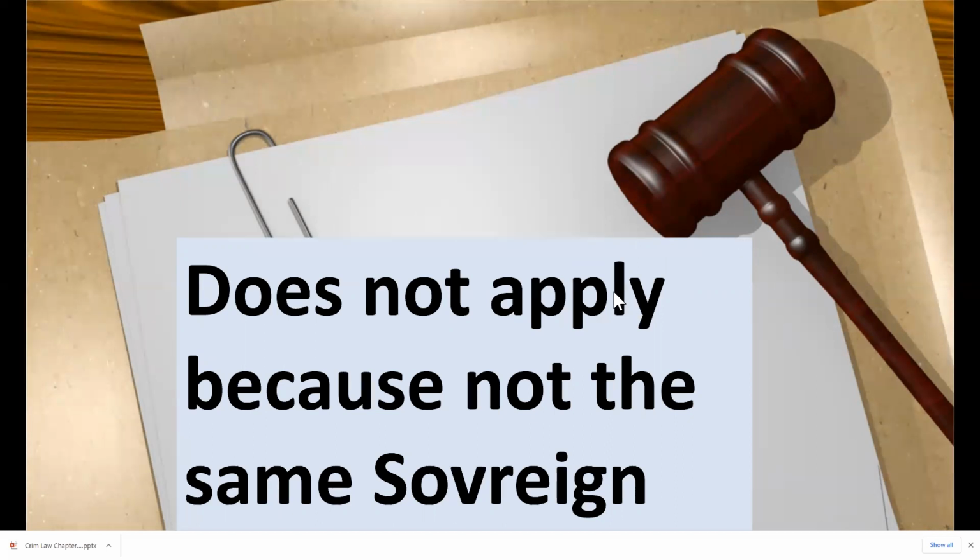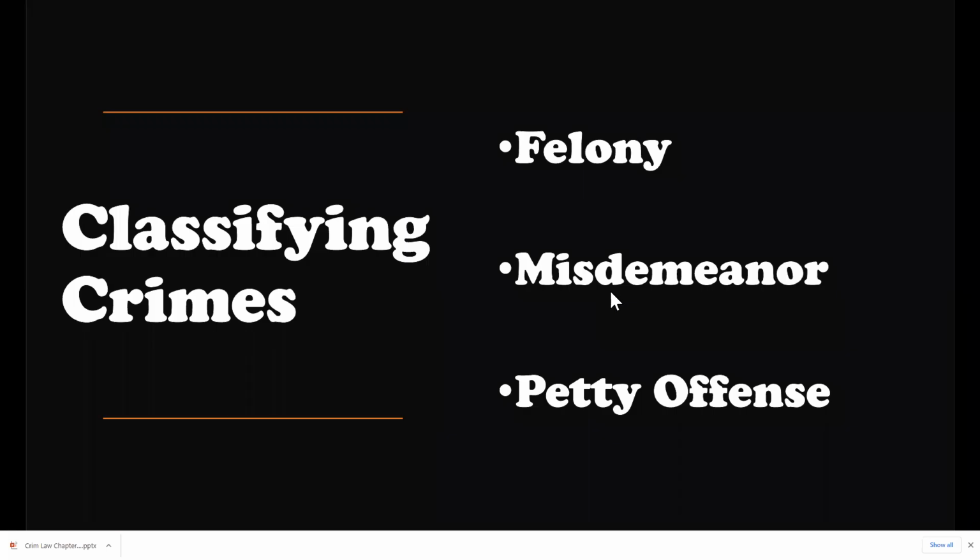So let's get back to criminal law and let's classify our crimes. We have three classifications. The first is a felony, and a felony is the most serious crime that one could commit. Depending on the charge, the legislators will decide, how do we want to classify it? Do we want to make it a felony, a most serious type of crime?